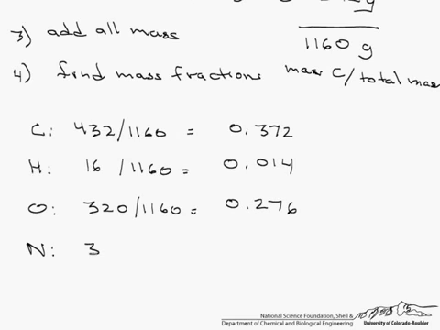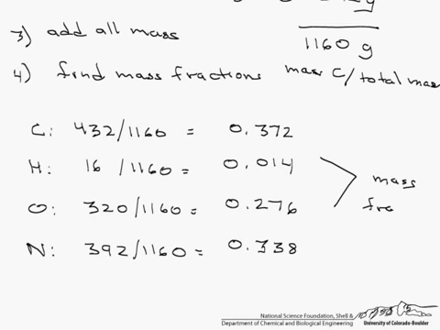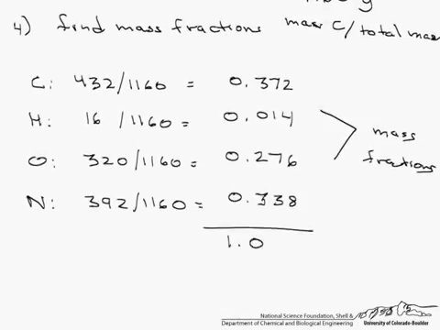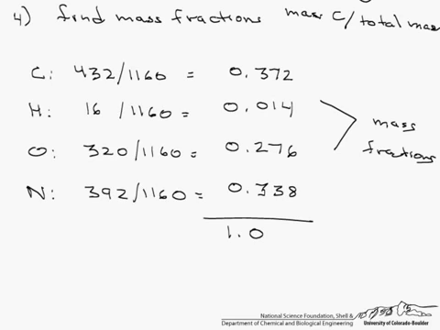And finally, with nitrogen, we have 392 grams divided by 1160, 0.338. These are now our mass fractions, and if we add them together, we end up with 1. And again, similarly, our mass and mole fractions are not necessarily the same, and that has to do with the differing molar masses.